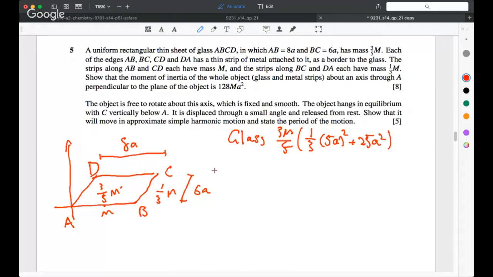And repeating that to side A, B, etc. And in the end, you'll find that I is equal to 128 ma squared.